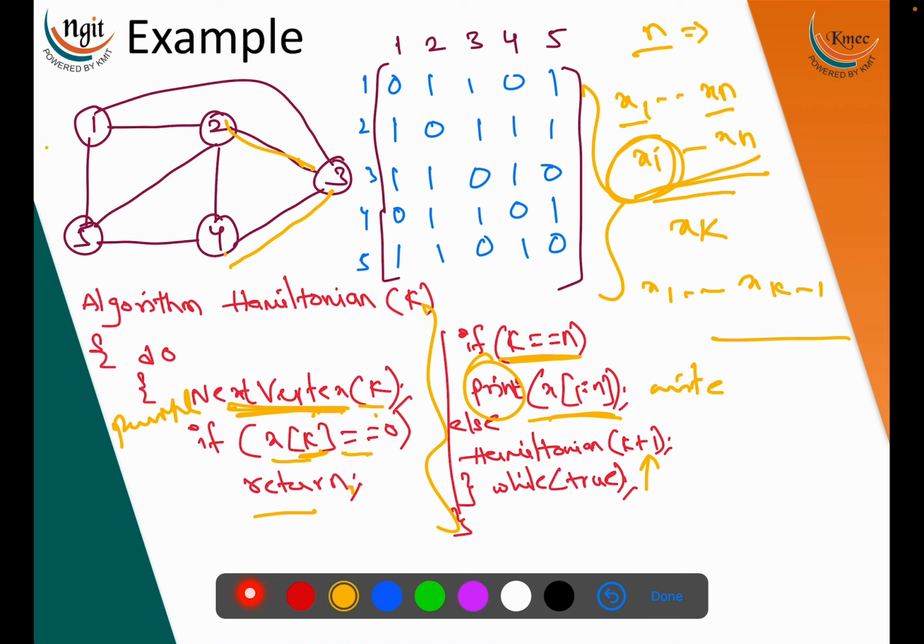So, we are at k vertex. Initially, your k value is 0. We are working with this vertex. Now, what is a Hamiltonian cycle? A Hamiltonian cycle is to find a round trip path. That means it has to know whether an edge is there from this vertex to the next vertex. So first of all, before you find the Hamiltonian cycle, you need to know what the next vertex is.